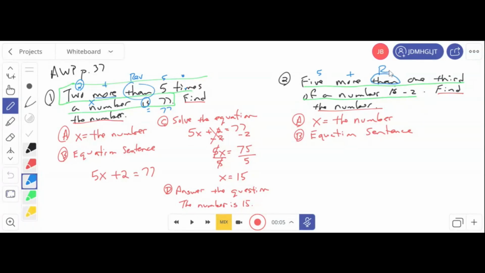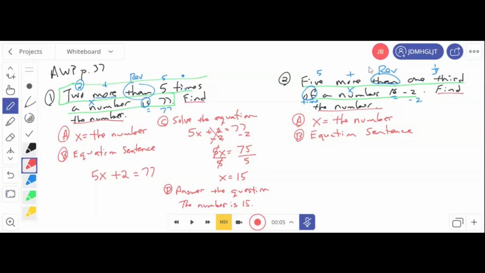Than is our reverse word. 1/3 fraction. 1/3 of means times. So that's going to be 1/3 times our number x is equals -2.